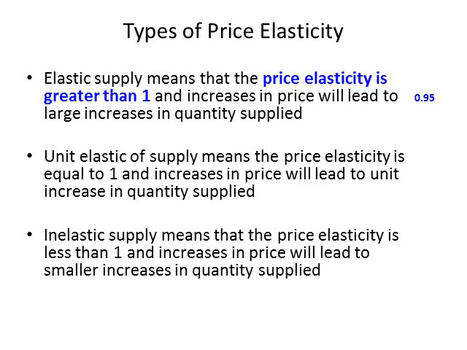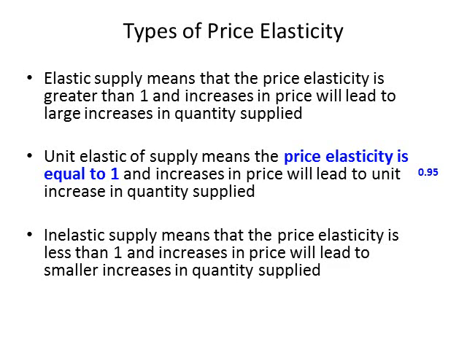Since 0.95 is less than 1, it does not meet the criteria for being price elastic. Let's see if 0.95 is unit elastic. In order to be unit elastic, it must be equal to 1. Since 0.95 is less than 1, it does not meet the criteria for being unit elastic.